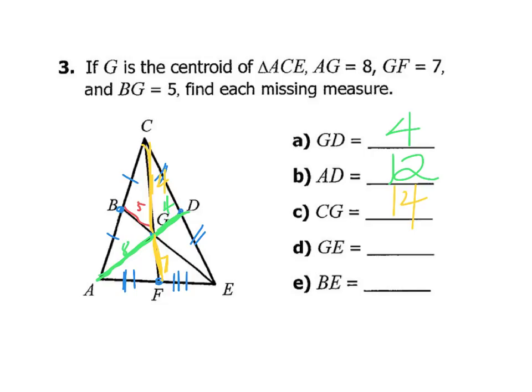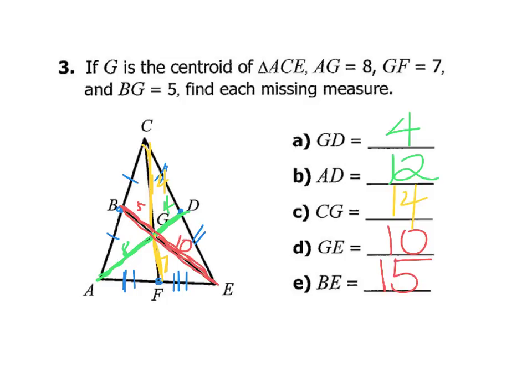Then we want to know GE. That's this distance right here. And we know that BG is 5, and we know that GE is twice the length of BG. So GE has to be 10. And then BE is just the whole thing. So 5 plus 10 gives us 15.